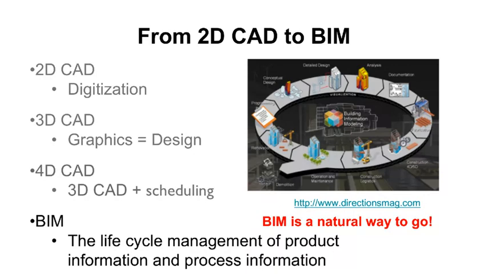Since the introduction of construction management in the late 80s, management of process information in the AEC industry has been significantly advanced. However, management of product information has long been hindered by the limitation of 2D drawings.